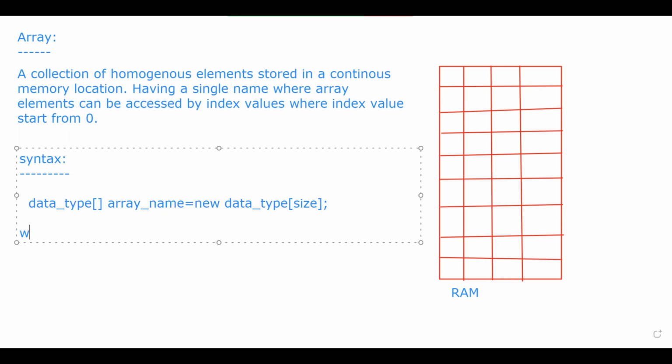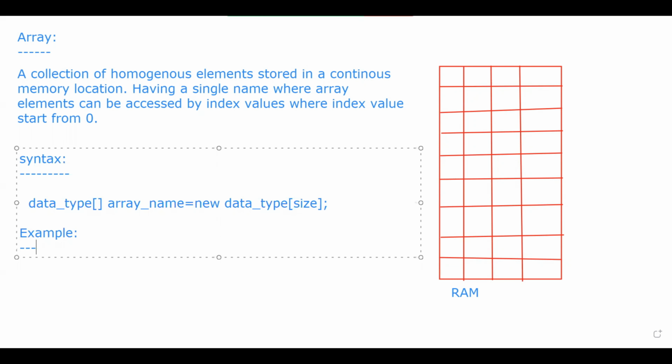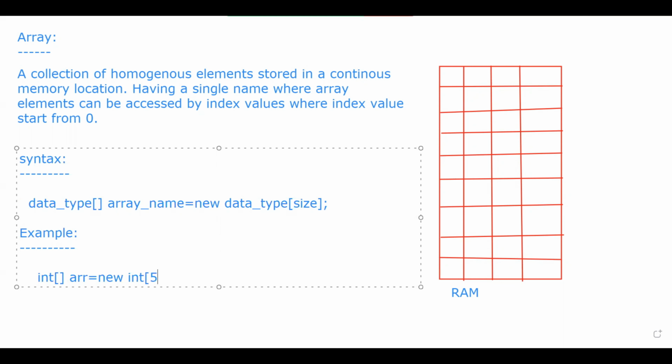If you want me to convert that syntax into an example, it is very simple. I'll write int ARR, with ARR as the name, is equal to new int of size 5. The data type is my integer data type, the array name is my ARR, and new is the reserved keyword, so I'll keep it as it is.